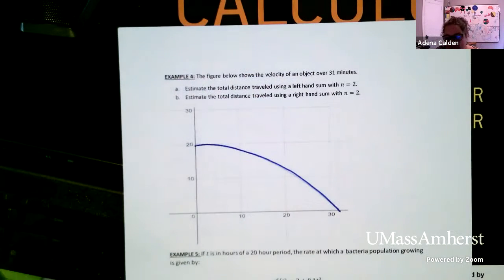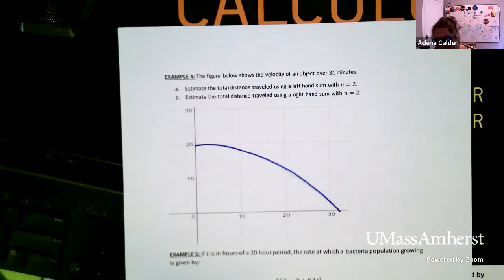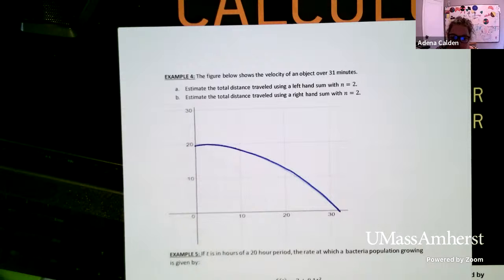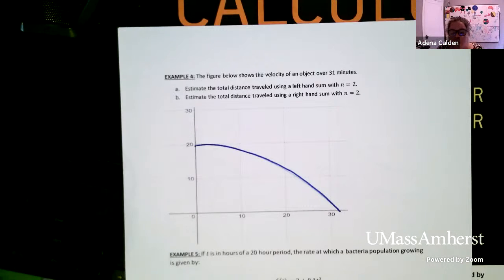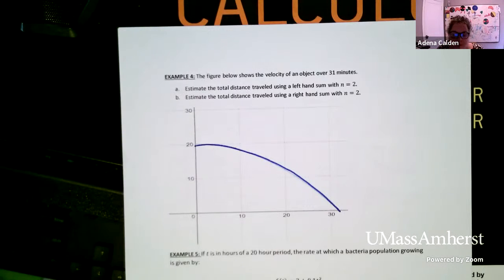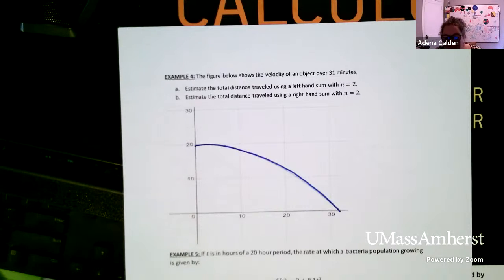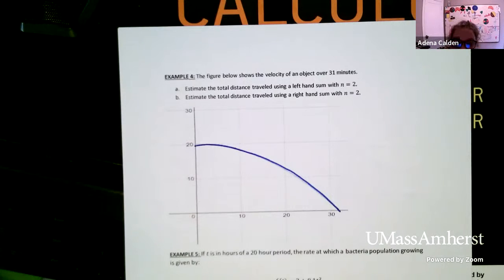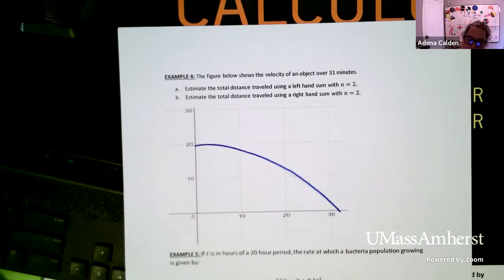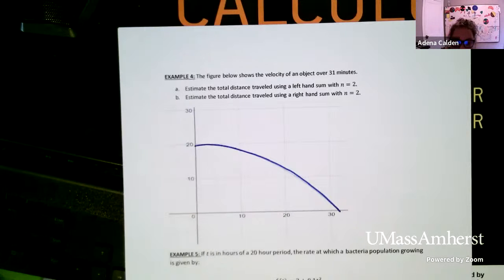So we're trying to connect that visual with what we were doing algebraically. Okay, so I want you to think about how we might approach this. I'm going to give you 2 minutes to think about it. See if you can figure out how we might do a left and right hand approximation, what n is, and how that's going to help us here, and how we might put that all together.